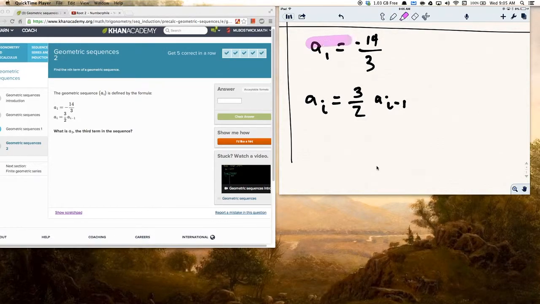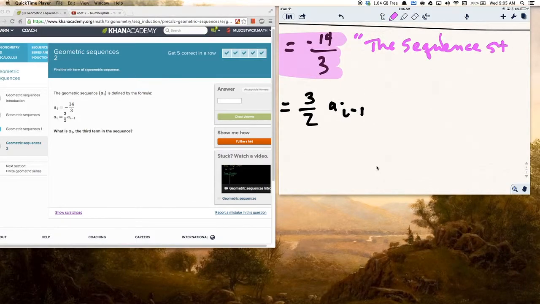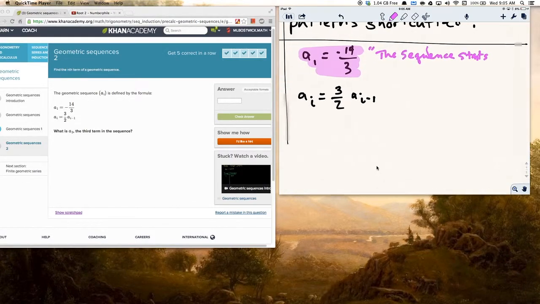And so this term right here tells you that the sequence starts with the number negative 14 over 3. a1 equals negative 14 over 3 says something really specific. It just says it in math language. It says this sequence starts with the number negative 14 over 3.